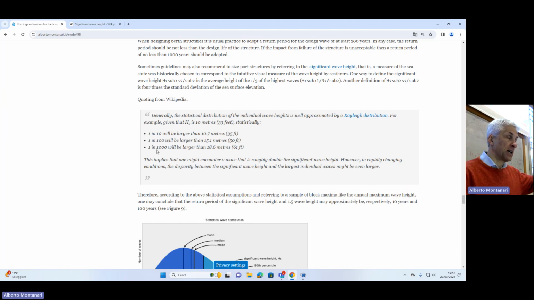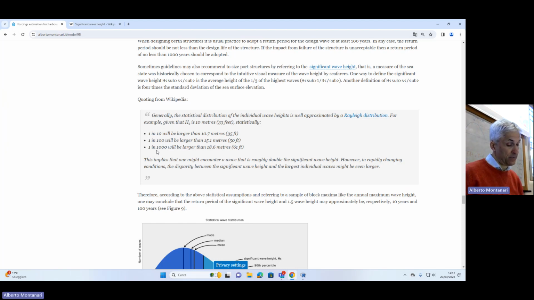Because sometimes you may need to give an order of magnitude, like I have an estimate of the wave height for a 10 years return period, and I need to quickly provide an estimate for 100 years return period. What should I do? 1.5, more or less. I mean, it's an empirical rule, okay? But it is interesting.